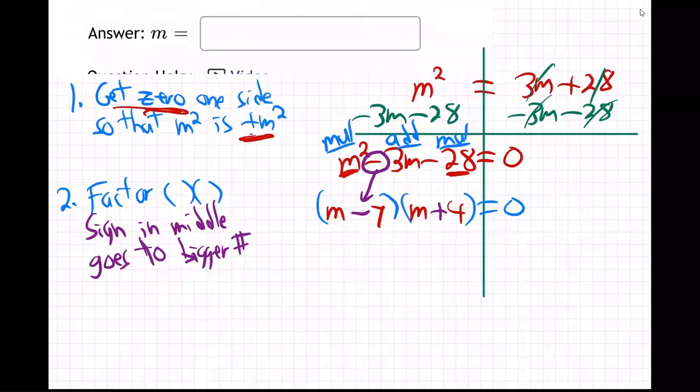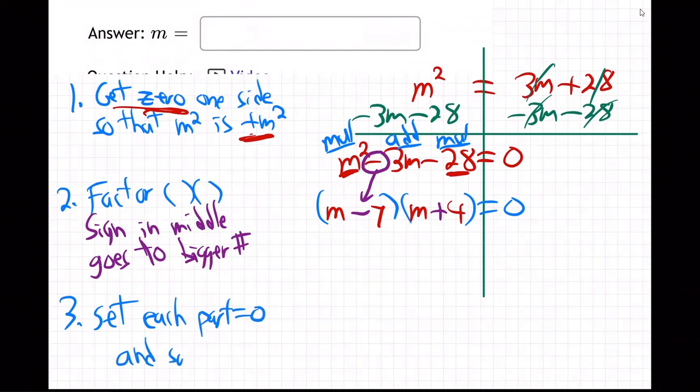All right, now we're not done here. When you have an equal sign, you need to do one more step after the parentheses. Step 3, set each part equal to 0 and solve. We have more to do because we have that equal sign. So I take m minus 7 equal to 0, or m plus 4 equal to 0, each part separately.